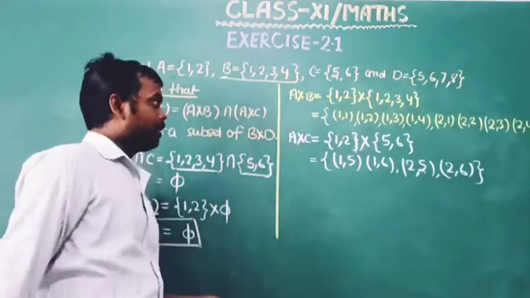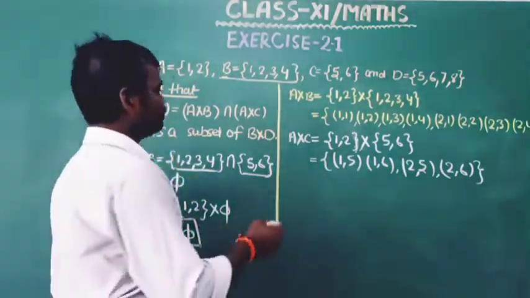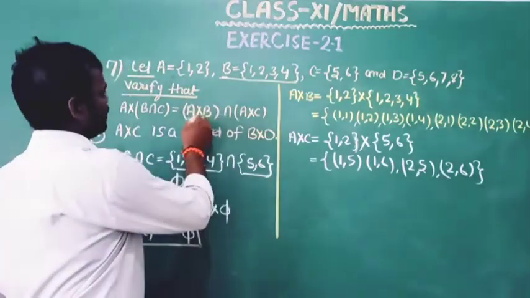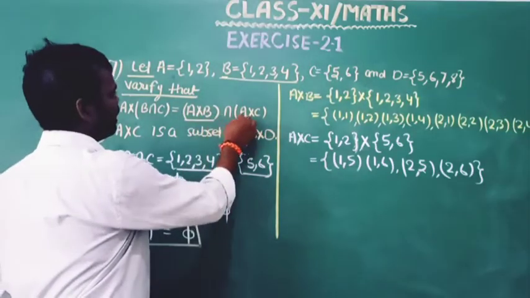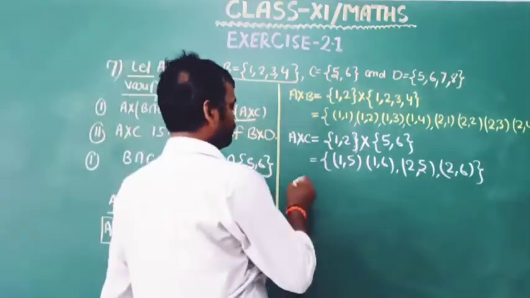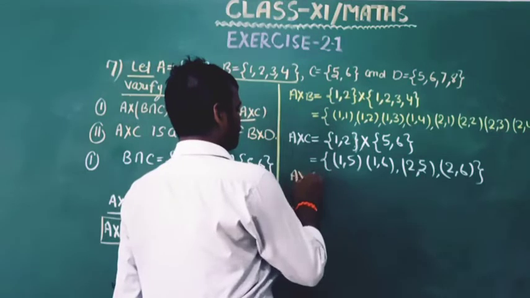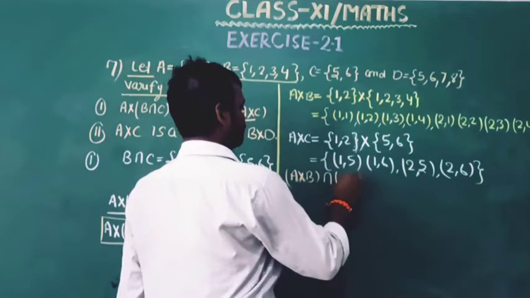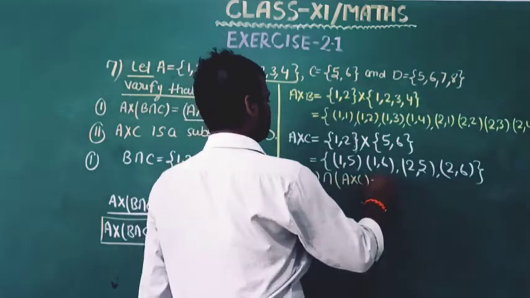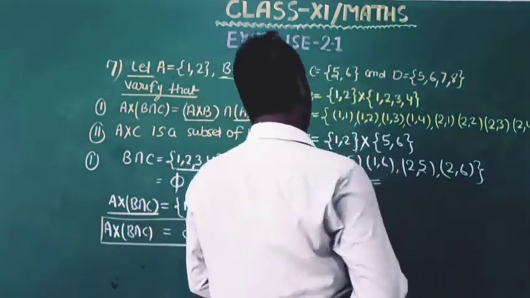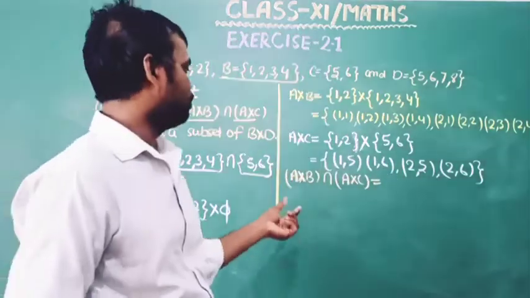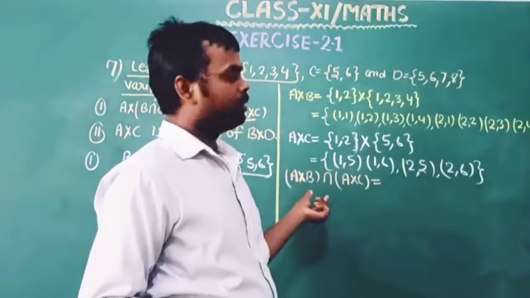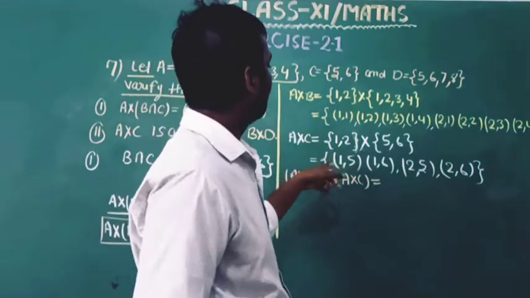Okay, and now finally find the intersection of the Cartesian products A cross B and A cross C. Find the common elements in both sets of Cartesian products.